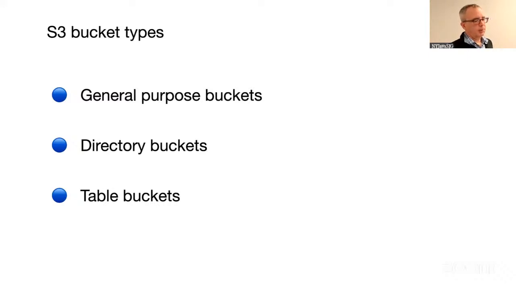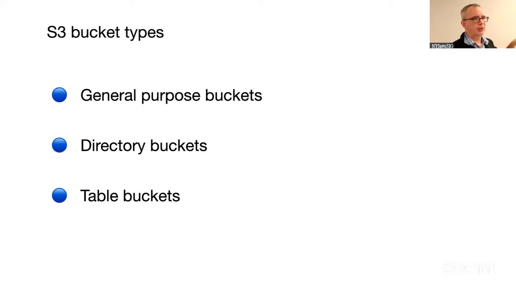So in the beginning, S3 only had one type, which was the general purpose buckets, which was the default. But in the last year, they've added two extra bucket types. So a year ago at re:Invent, or I guess more than a year ago, directory buckets became a new thing.